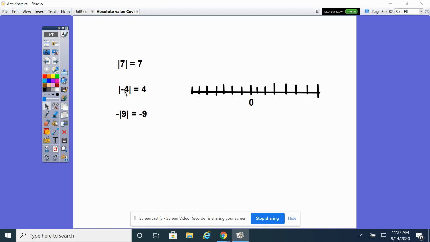This time the negative number goes in, but what's going to come out? Well, the bars are going to make it positive. This is a distance, so it should never be negative. Think about that. Let's look at this number line. So here's 0 on the number line. Let me grab my pen.